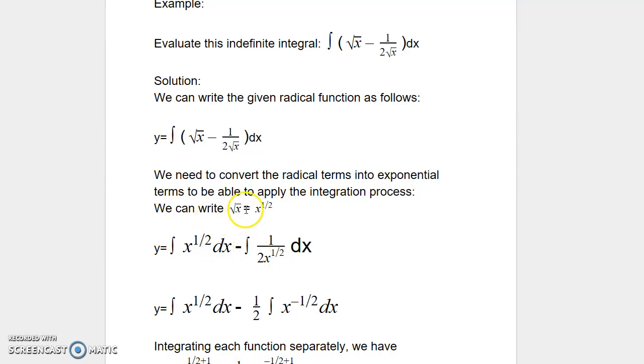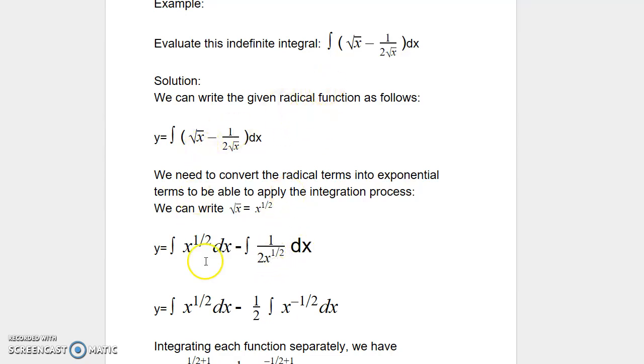So now that we have converted the radical terms to exponential terms, we can rewrite the given problem as follows: y is equal to integral x to the power of half dx minus integral 1 over 2 x to the power of half dx.